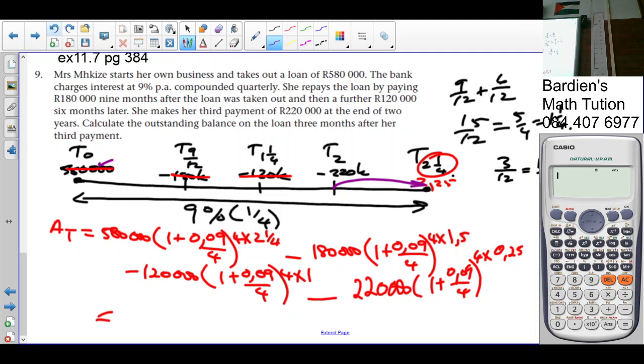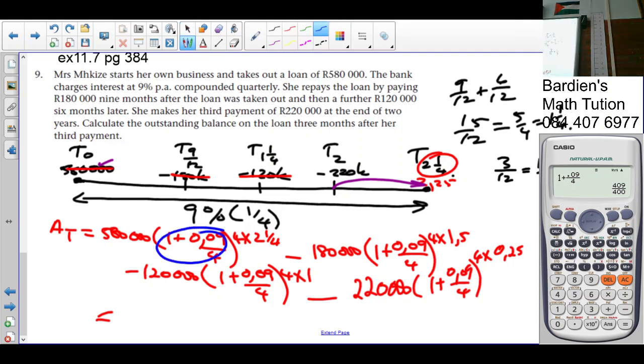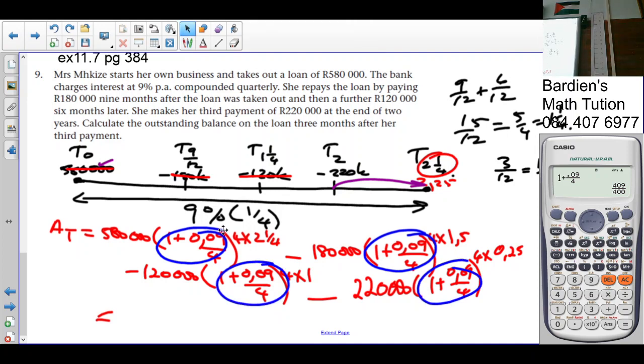Okay. So what I did was I'm going to put in the calculator 1 plus 0.09 over 4. Let's say that is the answer. So whenever I see this here, I'll press the answer button on the calculator, okay?